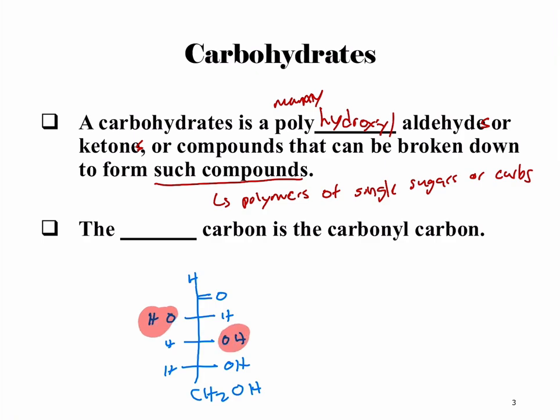So here are all the different hydroxyl groups that we have on this carbohydrate. And just to preface, these can be in a linear structure or a ring structure.